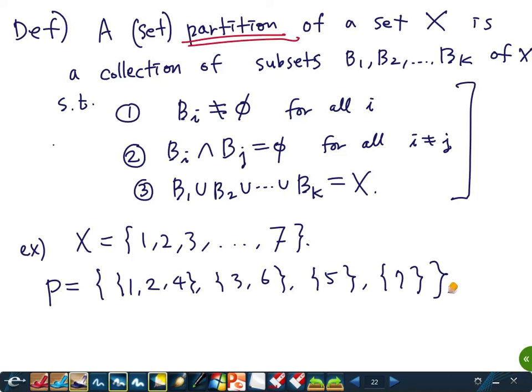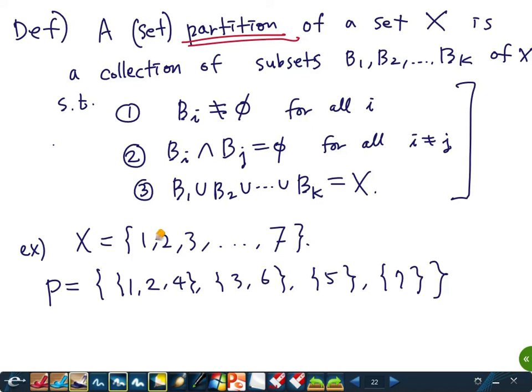If you're not sure, go back to the definition and check every detail. P is a collection of sets. Are they all subsets of X? Yeah, they are subsets of X. Are they all non-empty? Yes, we don't have any empty set. Are they mutually, or pairwise, disjoint? This means pairwise disjoint. If you take any 2 different subsets here, they don't have anything in common. And their union will be X. So it is a partition of X.